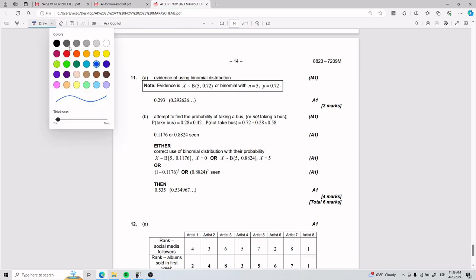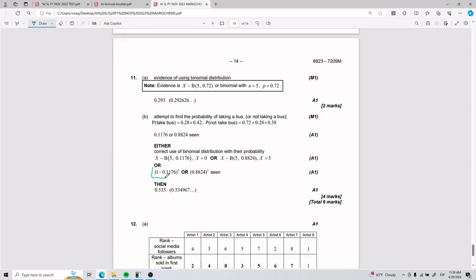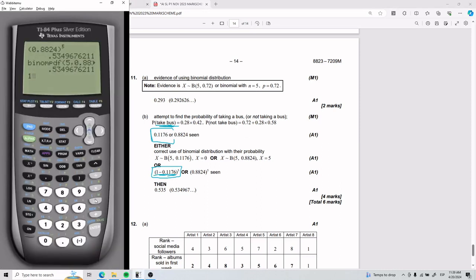So this right here is what I told you guys, right? Here you're finding the probability of taking the bus, and you work backwards from there. That's why it's also 1 minus this. In fact, 1 minus that is going to give you the probability of not taking the bus.